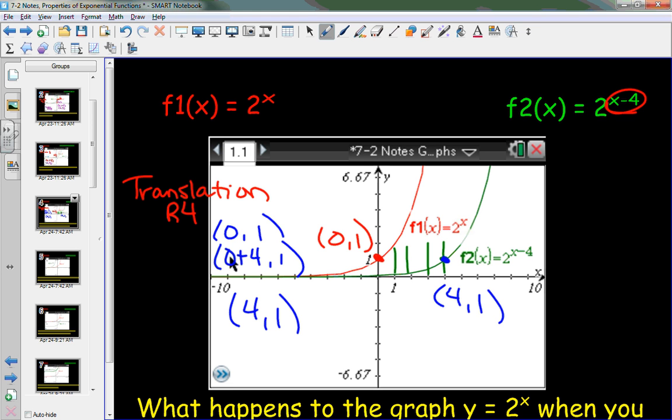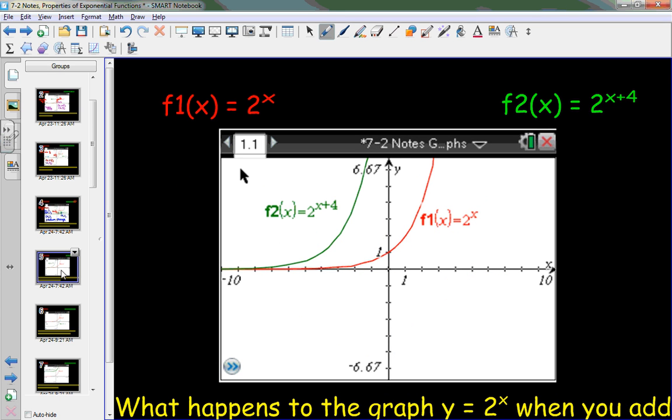So in a horizontal shift, what values change, x or y? The x values are the ones that change. Do we understand that? You should be writing that down because you're not going to have this later on. Okay?